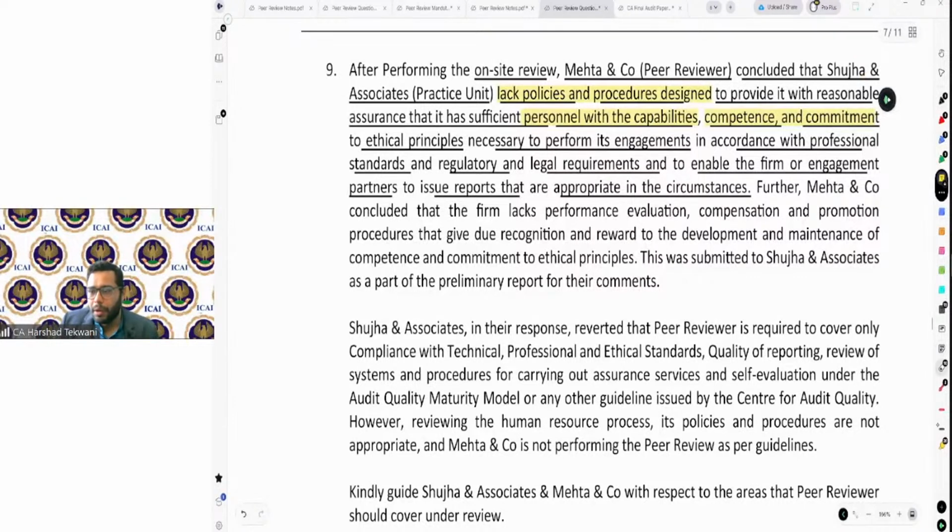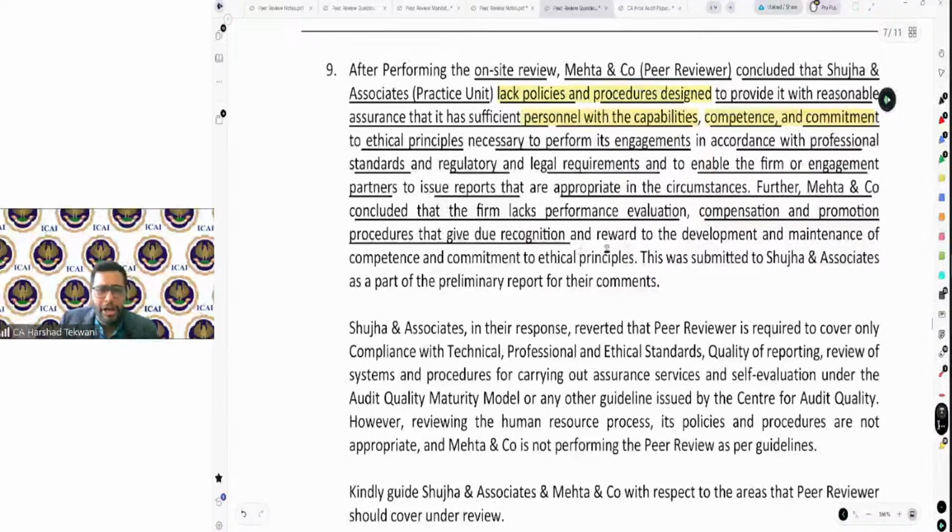Further, Mehta and Company concluded that the firm lacks performance evaluation, compensation, and promotion procedures that give due recognition and reward to the development and maintenance of competency and commitment to the ethical principles. Again, they are talking about performance evaluation, compensation, and promotion, related to the same line.